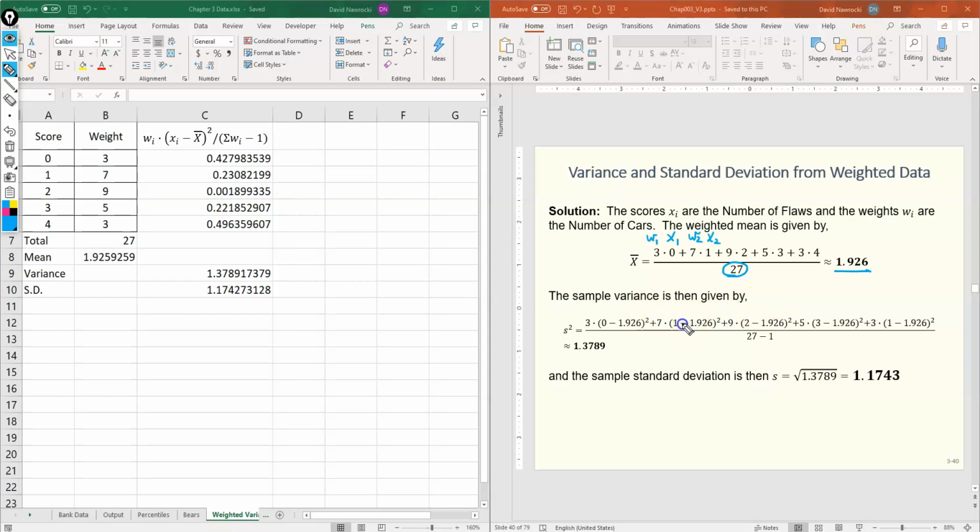Then to calculate the sample variance, down here is our formula. So you see we evaluate right here, we have x1 minus the mean, the weighted mean, squared, and then we multiply by W1. Over here we have x2 minus the mean, squared, and then we multiply by W2.